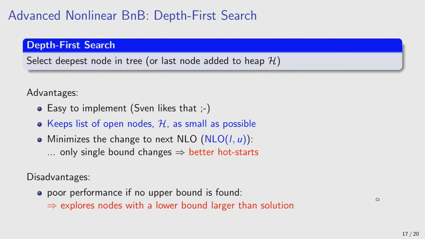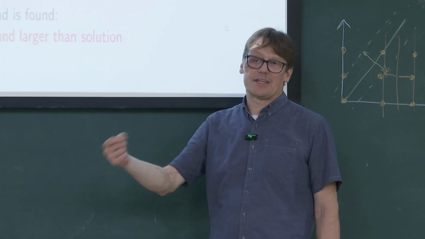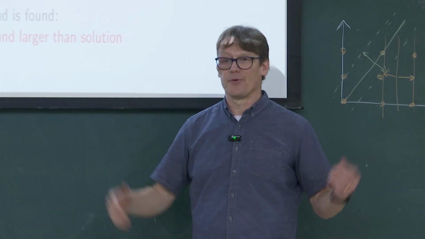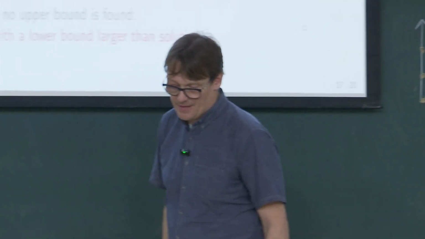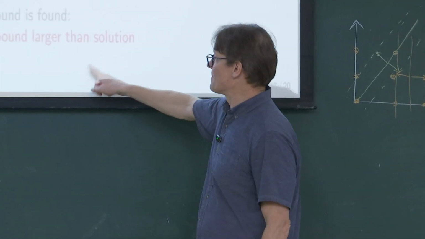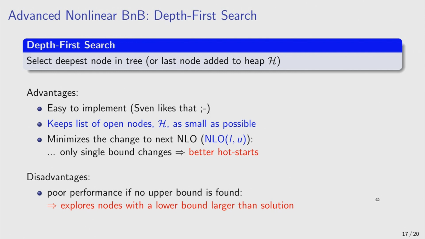If you keep going down the tree and running into infeasible nodes, you're not gaining any information that helps you prune other nodes. And you sometimes explore nodes with a lower bound that is larger than what the actual solution eventually is. So that's not a good strategy in that case, and it can really run a long time.